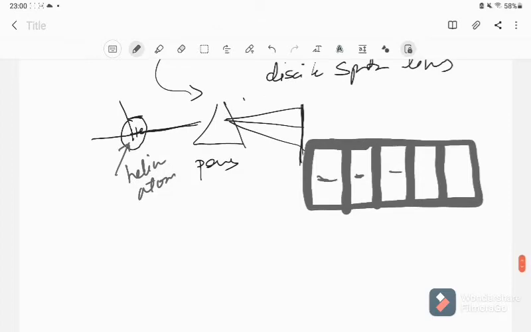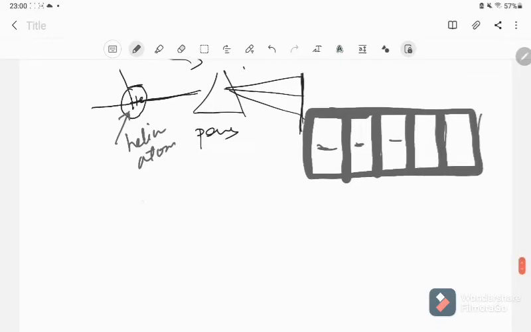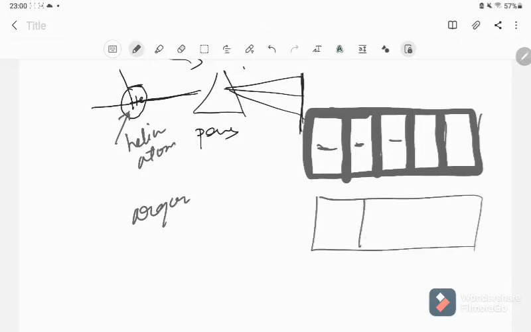Here every gas has a different spectrum. For helium gas, if we get a pattern like this, then for every helium gas the atomic spectra will be the same. For argon, it will have different lines.